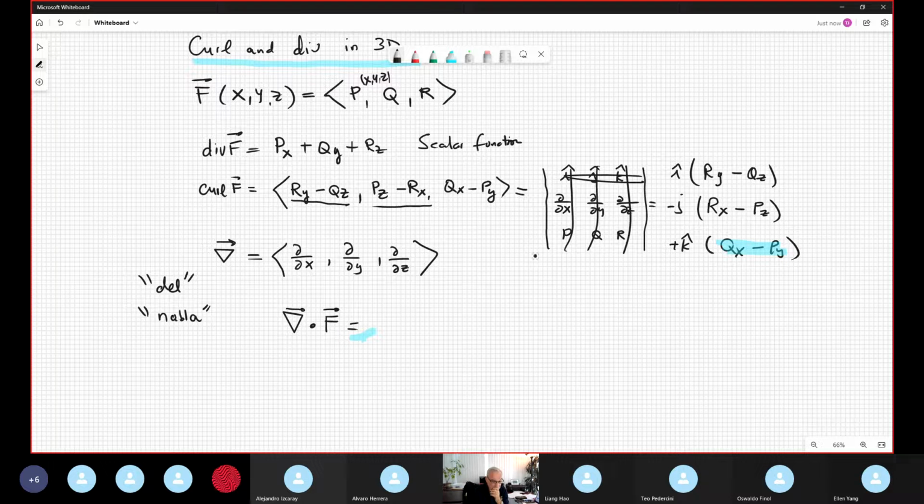Well, this is easy. Look, nabla is this: partial derivative x, comma, partial derivative with respect to y, comma, partial derivative with respect to z. The vector field is a vector P, Q, R, no? You perform the dot product.